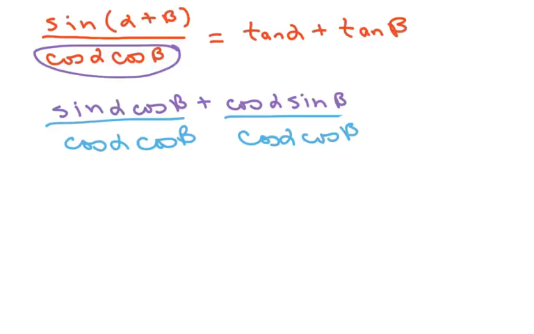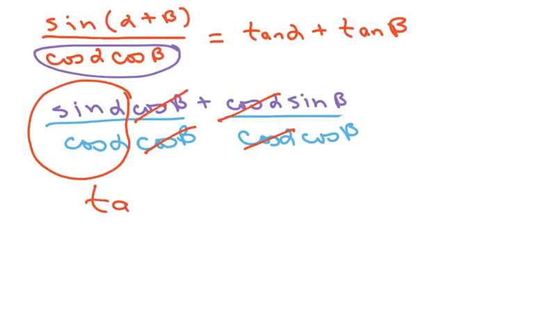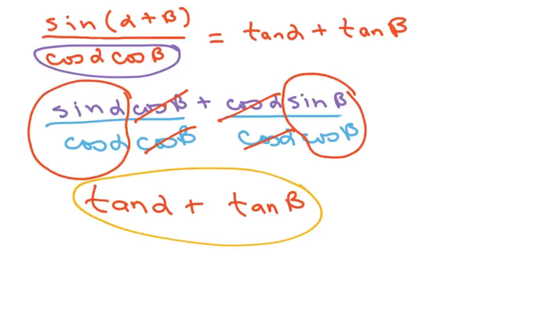Okay, so these two cancel here, and these two cancel here. So my alpha part is tan of alpha, and my beta part is going to be tan of beta.